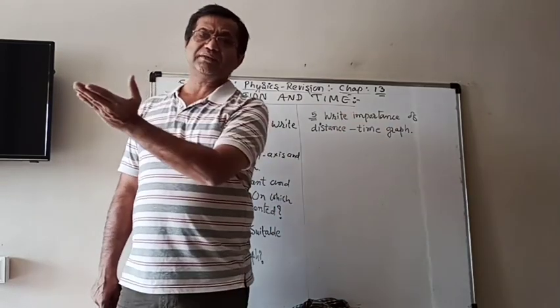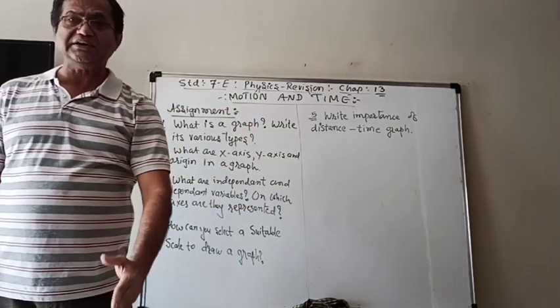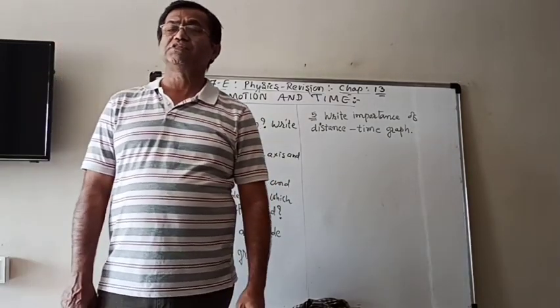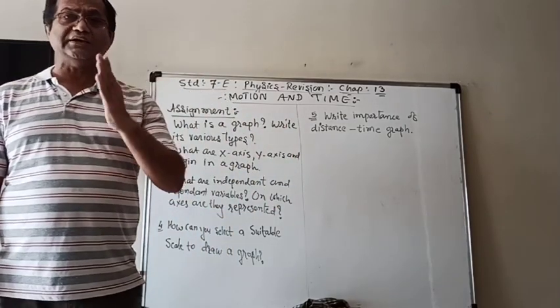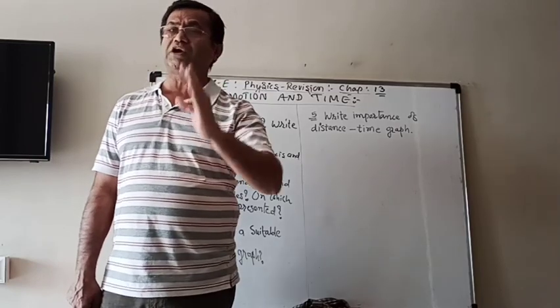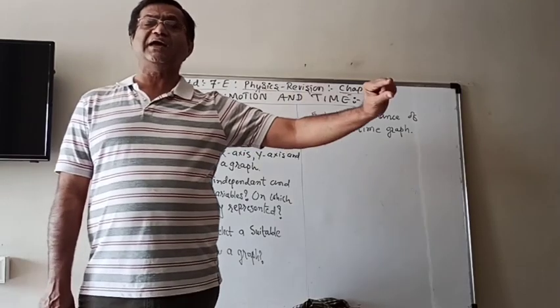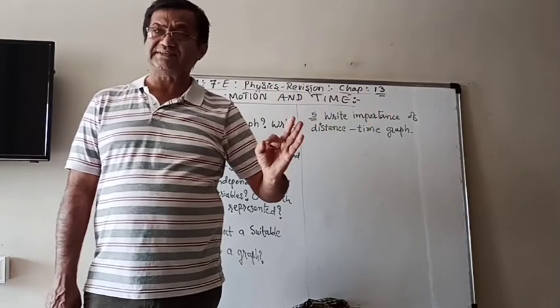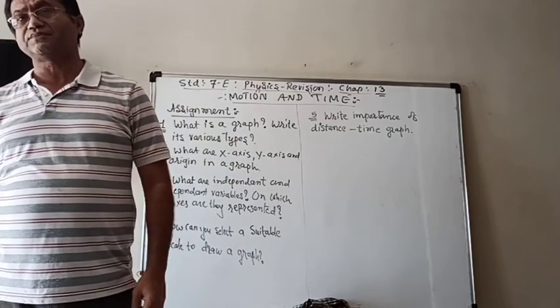Both lines are exactly at 90 degrees to each other. The horizontal line is known as the x-axis, and the vertical line as the y-axis.